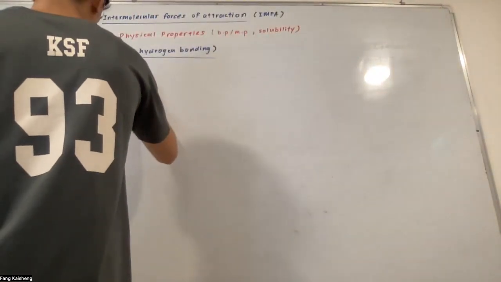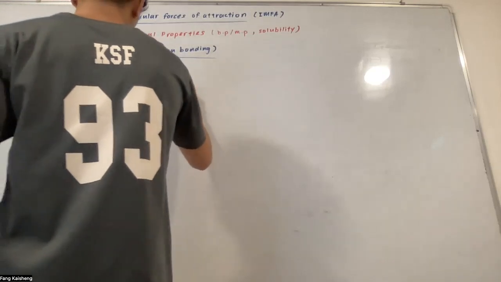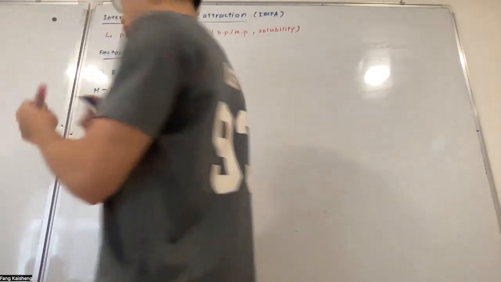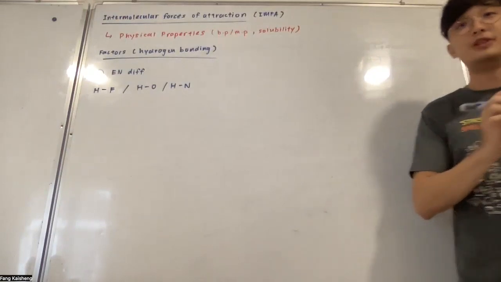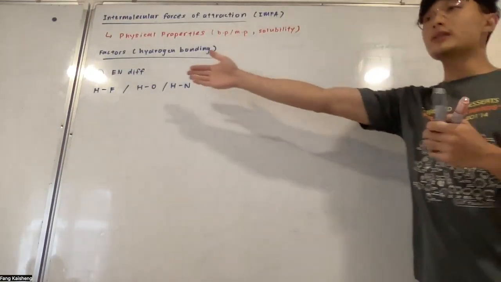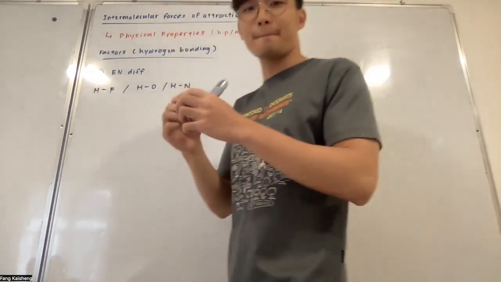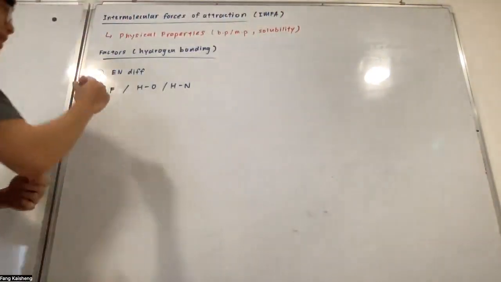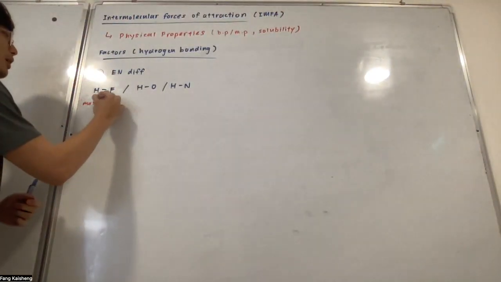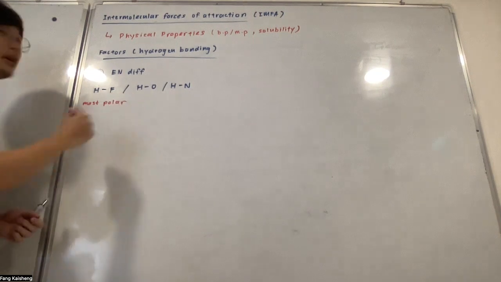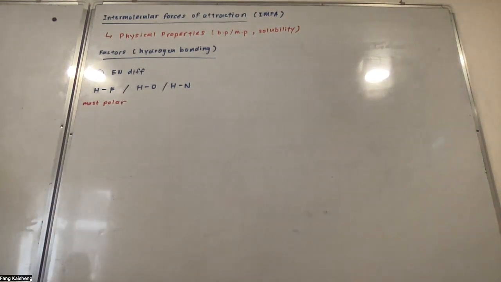You have HF, you have HO, and you have HN. In fact, there are only 3 bonds for you to compare electronegativity difference. Guys, which one is the most polar out of the 3? HF, right? So if you're the most polar, your hydrogen bonds are bound to be the strongest.